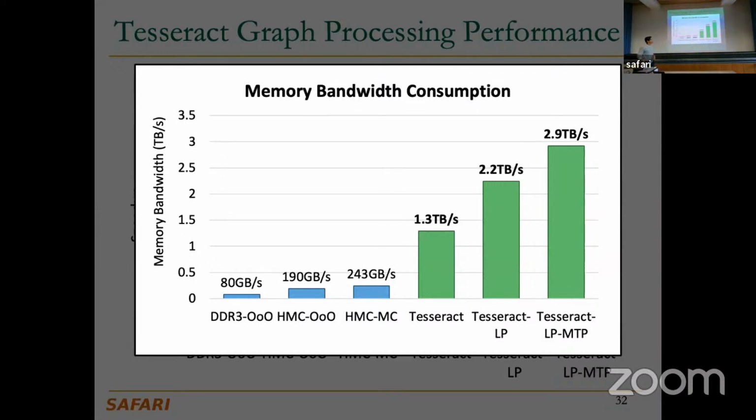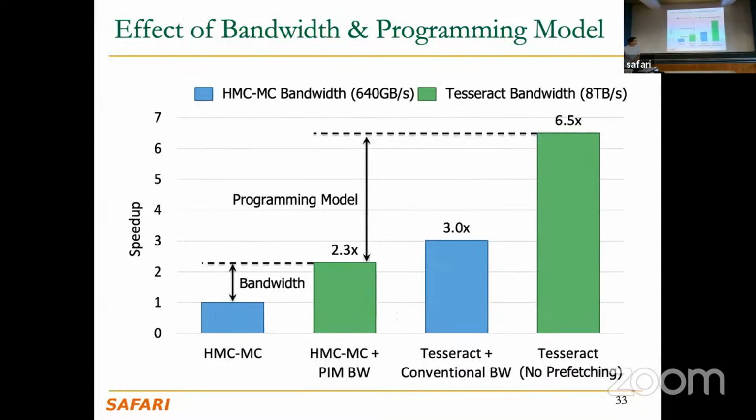The 2.9 terabytes per second obtained with the Tesseract system are still far from the 8 terabytes per second that is the peak bandwidth of the Tesseract system. So what that means is that even more memory-bound workloads with even lower arithmetic intensity could still benefit from that extra bandwidth that the system provides.